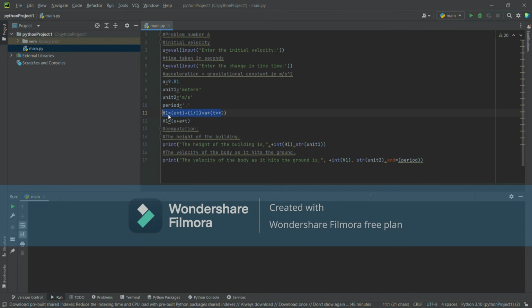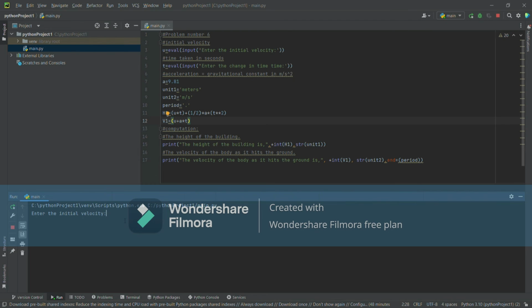I use the formula for finding the height, which is the initial velocity multiplied by time plus 1/2 times acceleration times the time squared. And for the velocity, I use the formula initial velocity plus the acceleration multiplied by time.